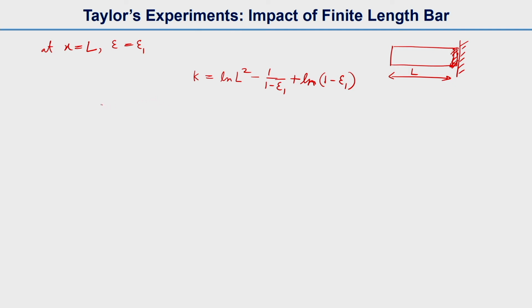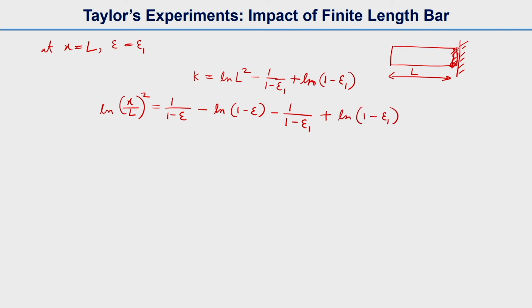Replacing that in the earlier expression, we end up with ln of (small x over capital L) whole square, (1 minus epsilon) minus ln (1 minus epsilon) minus (1 minus epsilon 1), the constant of integration, so 1 minus epsilon 1.